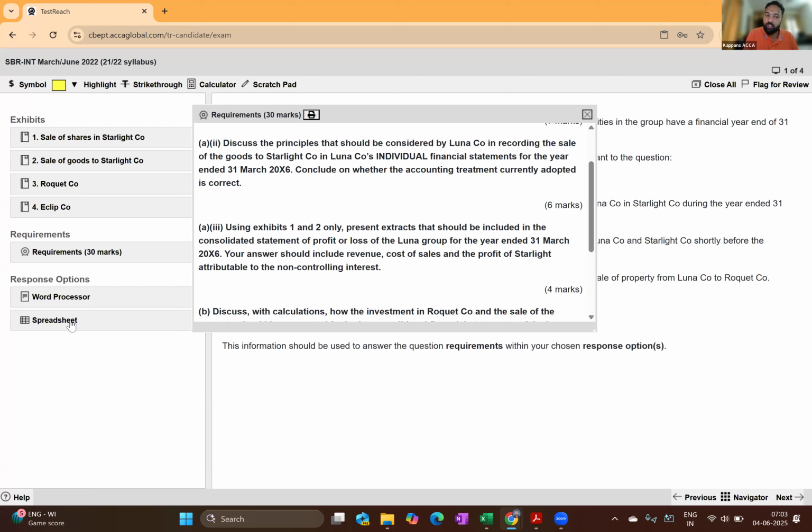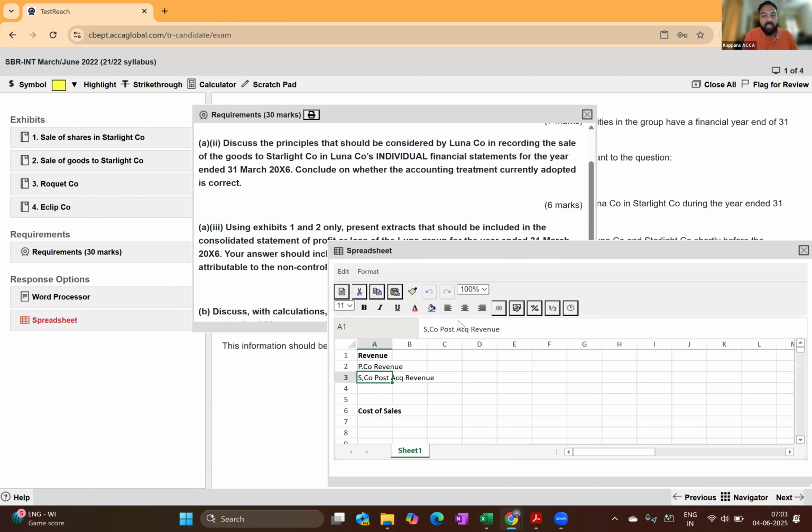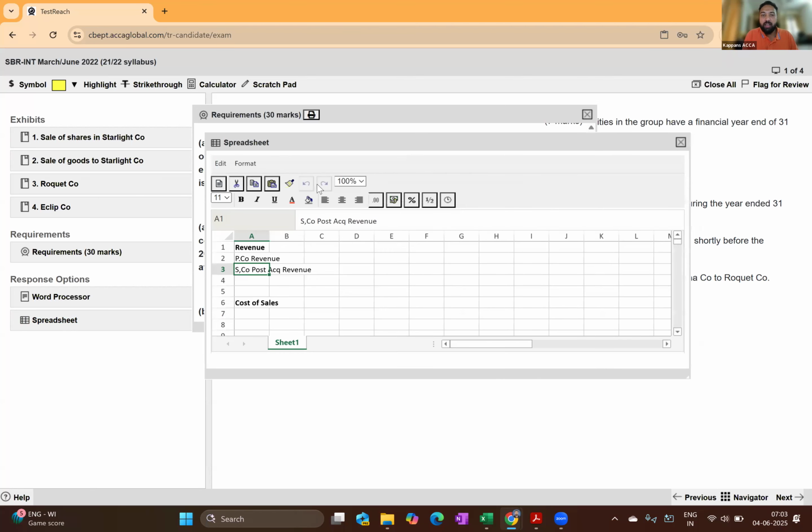It's a 4-mark question. So basically, they're asking you to prepare a few things. One, revenue. Second, cost of sales and profit attributable to NCI for the year ended 31st March 2026. So I'm going to use this workspace to type this. This is not a pre-populated one.